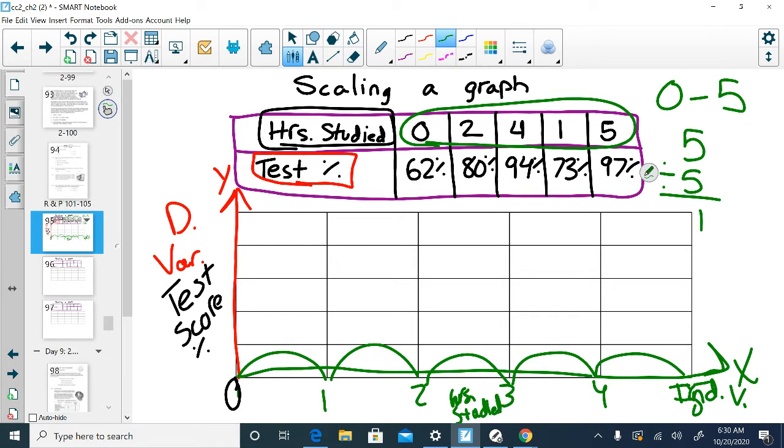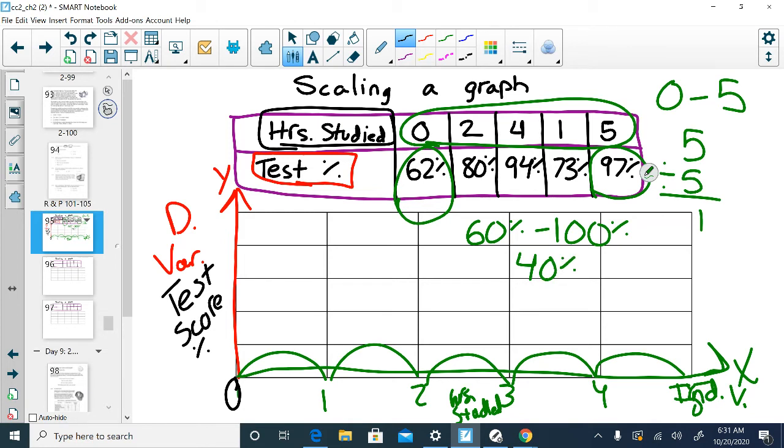And now we're going to take a look at plotting our test percentages. Again, we need to look at our range here. My test scores are ranging from 62% all the way up to 97%. So my range, I could say, is about 60% to 100%, which would be a range of 40%.